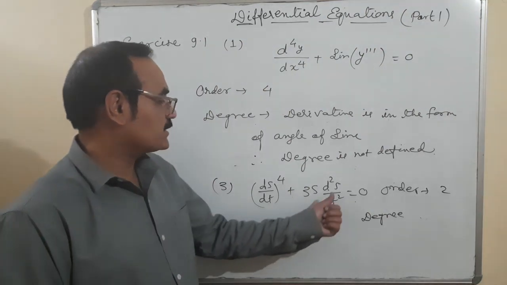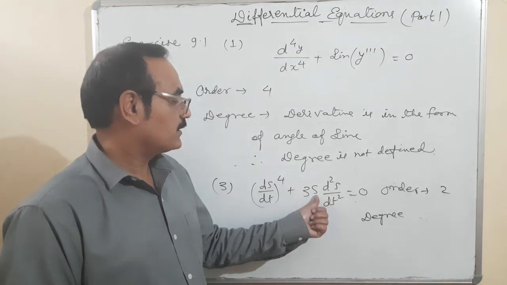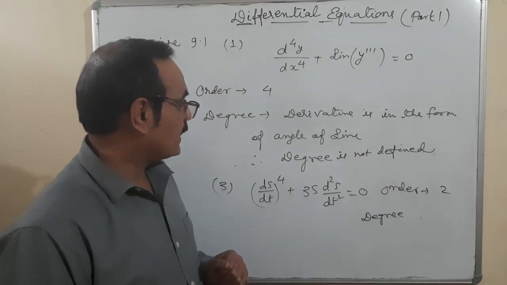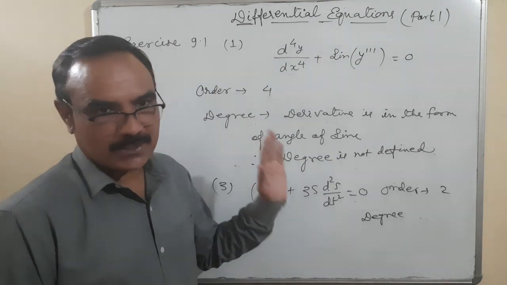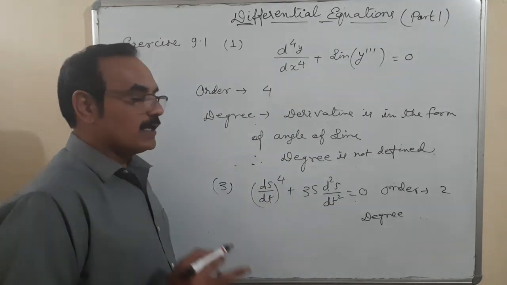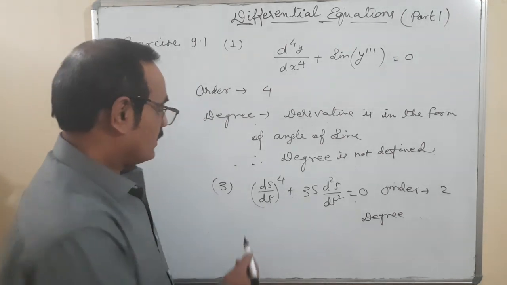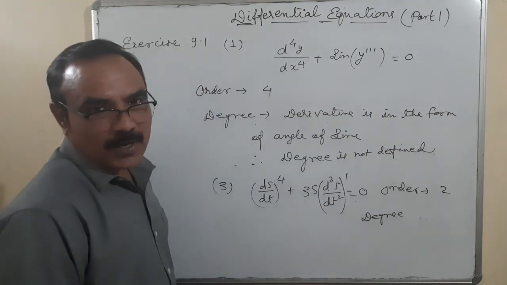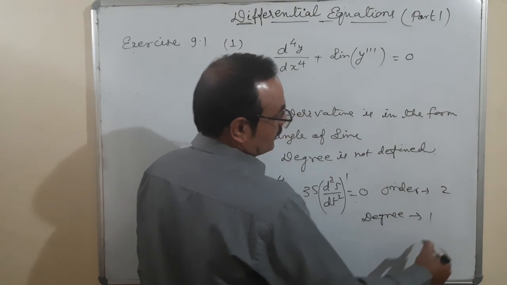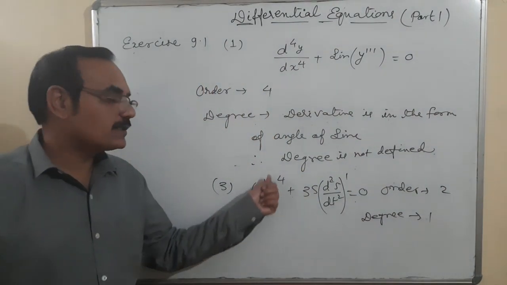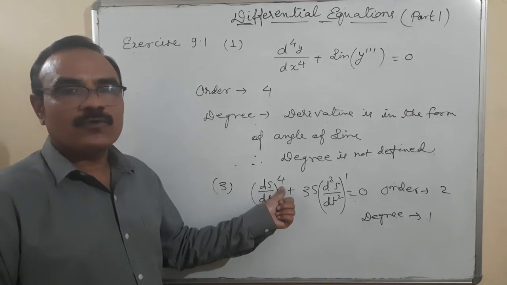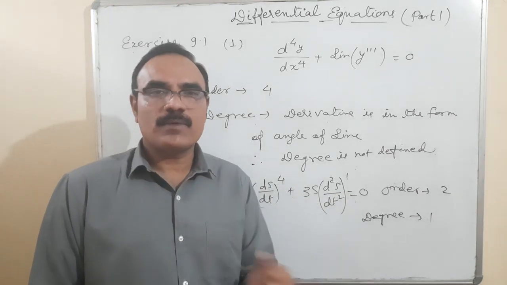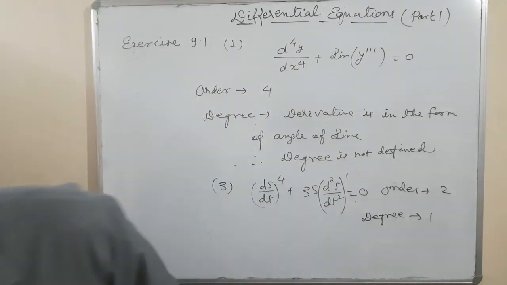Yes, it is a polynomial. It is a combination of derivatives and constant terms, and the power on the derivatives is non-negative. Power is positive, so yes, it is a polynomial. Therefore, degree is the power on the highest order derivative, d2s by dt square, whose power is 1. Therefore, its degree is 1. Here you cannot write the degree as 4, because that is the power 4 of the first derivative, but the highest order derivative is the second derivative. So we have to see the power of the highest ordered derivative.